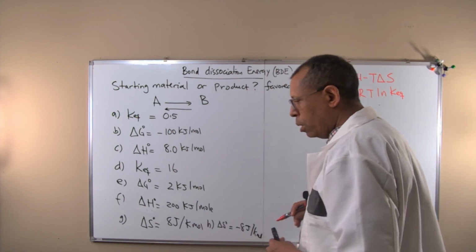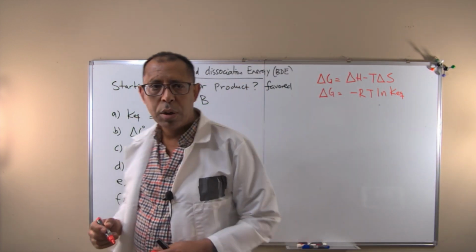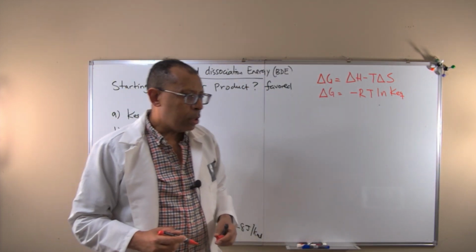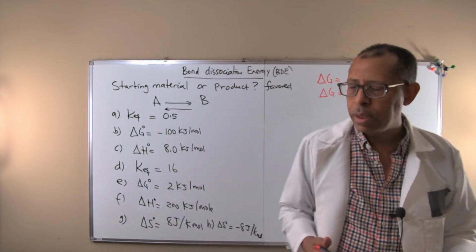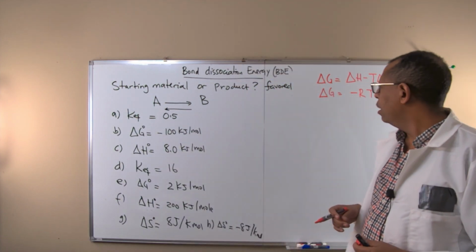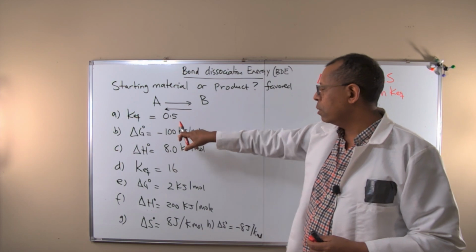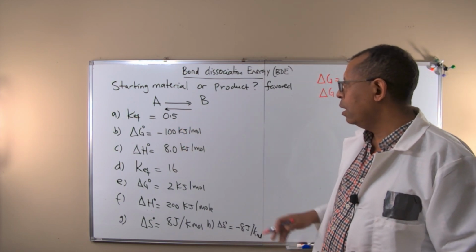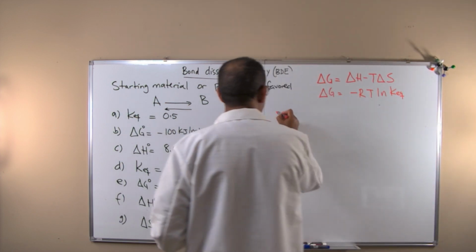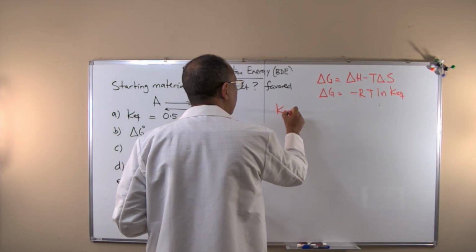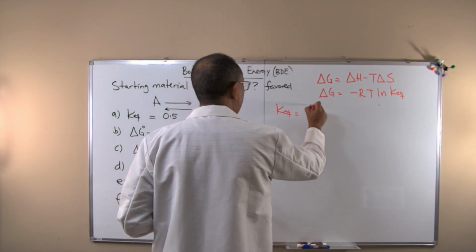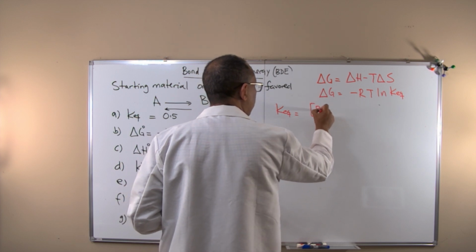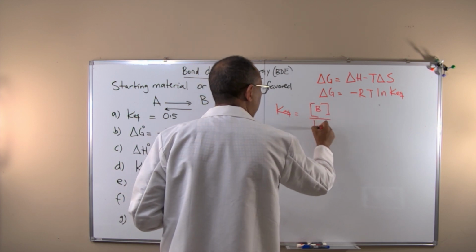These are the two important thermodynamic equations that you can apply in any other calculations. For condition A, it shows a K equilibrium of 0.5. K equilibrium is the ratio of products B over A.